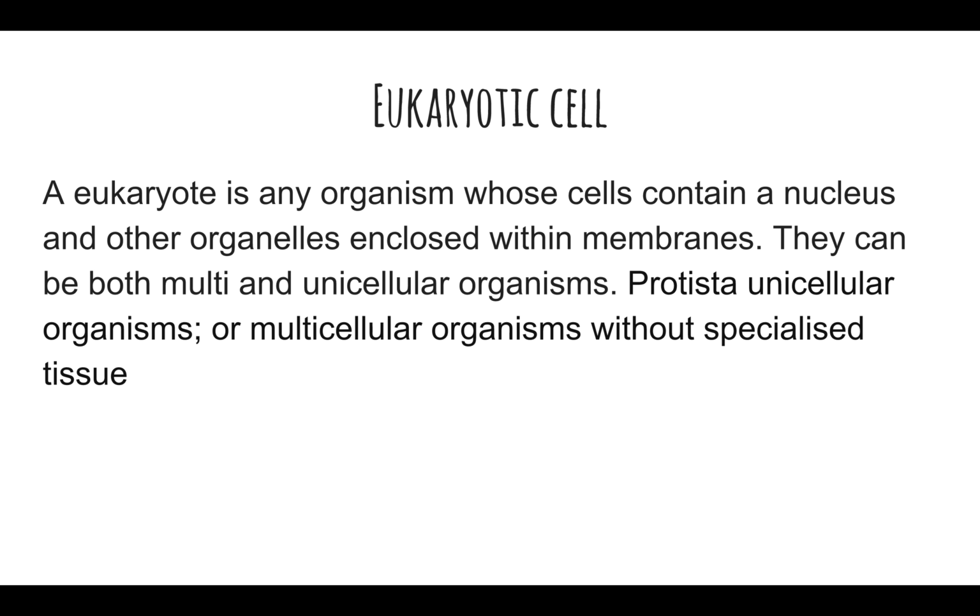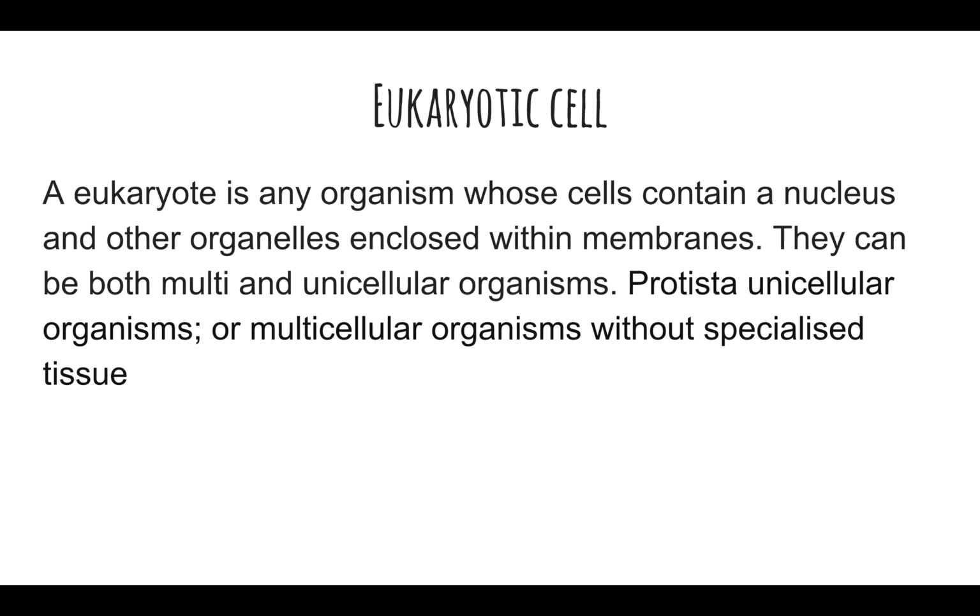And now eukaryotic cells. The main feature of a eukaryotic cell is that it is any organism whose cell contains a nucleus and other organelles enclosed within a membrane. So that's the main difference. A eukaryote has a nucleus, while a prokaryotic cell does not have a nucleus. That's the main distinguishing feature that you should always mention in an exam when comparing two cells.